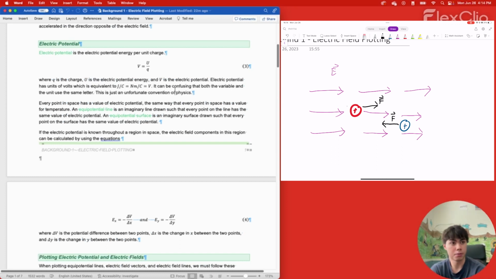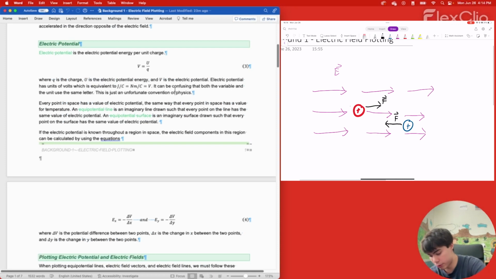Electric potential matters because electric fields point from high electric potential to low electric potential. In a room with different temperatures, the gas flows from a high temperature to a lower temperature because the pressure is higher where the temperature is higher. The electric field in space points from higher electric potential to lower electric potential.